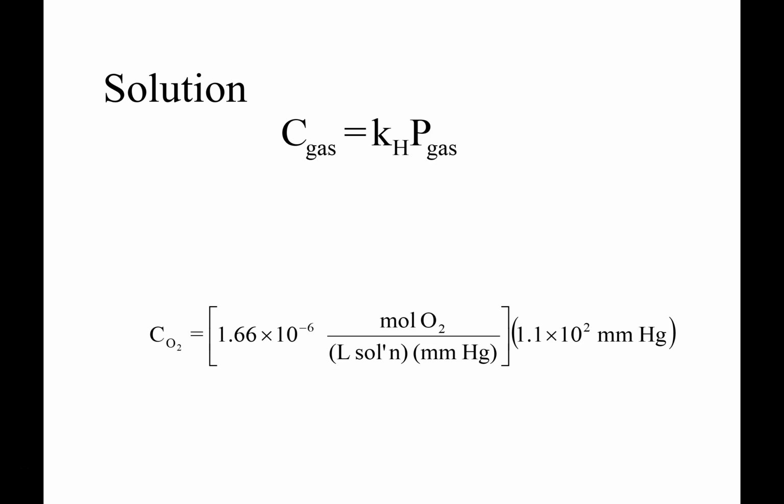And then my last term is that pressure in millimeters of mercury I came up with, 110 millimeters of mercury over 1, or 1.1 times 10 to the second millimeters of mercury over 1. Notice my units of millimeters of mercury cancel, which they should, and I'm left with moles of O2 per liter of solution. To 2 sig figs, it looks like this. 1.8 times 10 to the negative 4th moles of O2 per liter of solution.